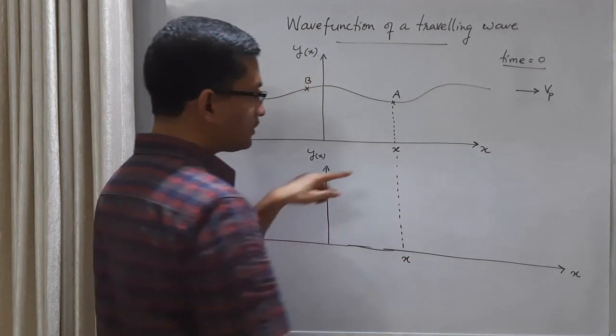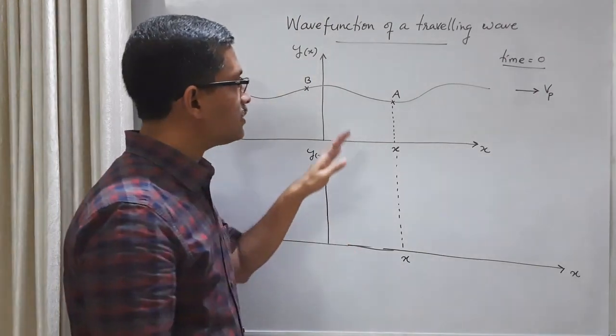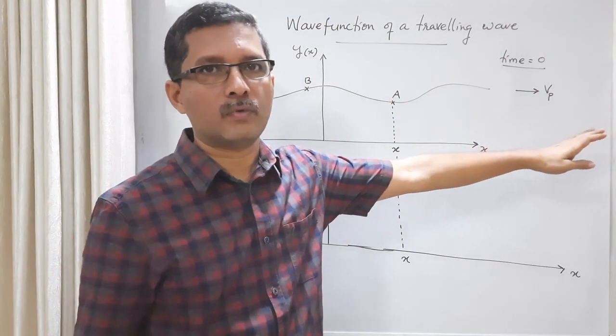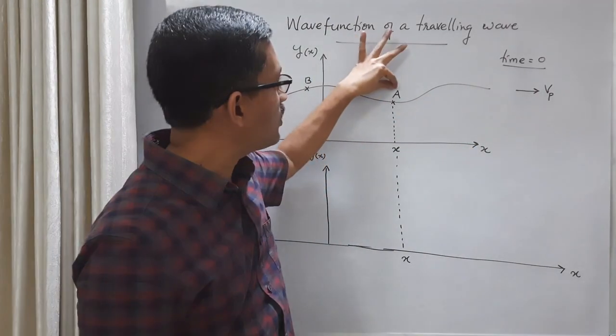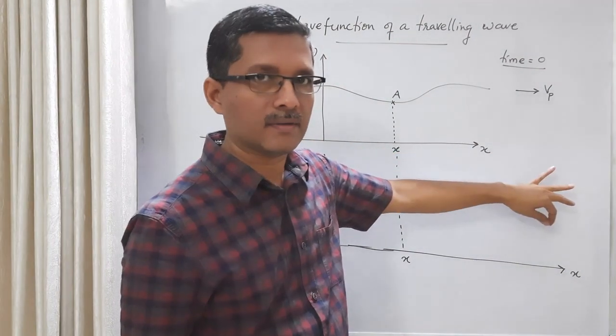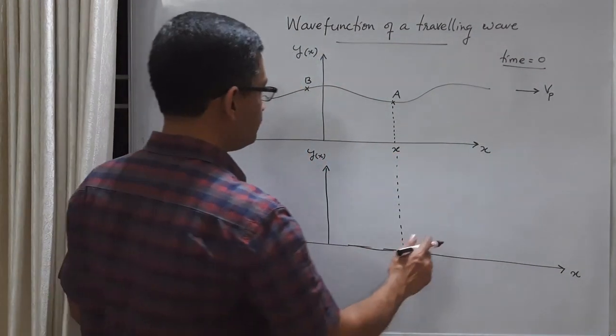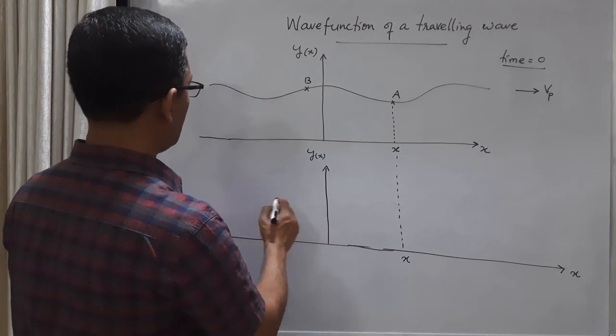This is our point x. But since the wave is traveling along the positive x direction, this point A must have reached somewhere here.